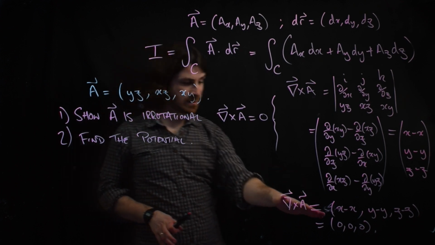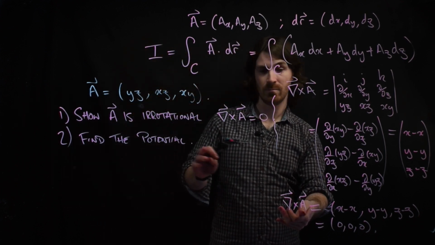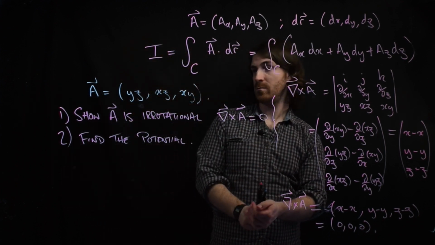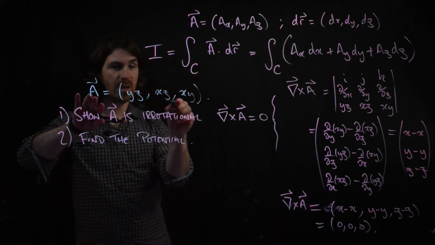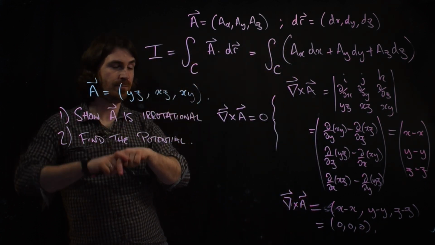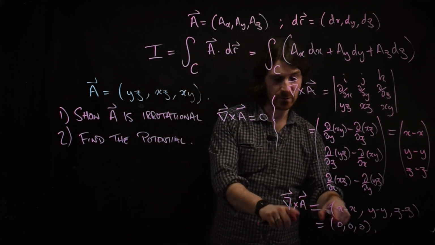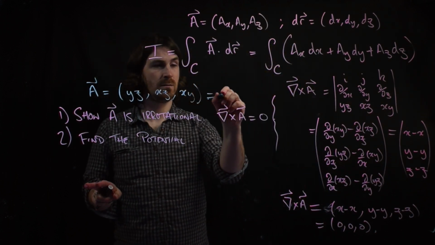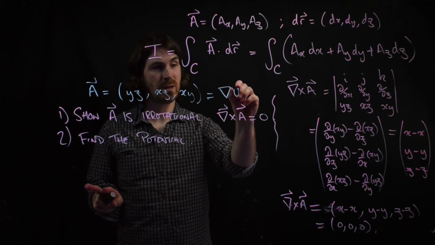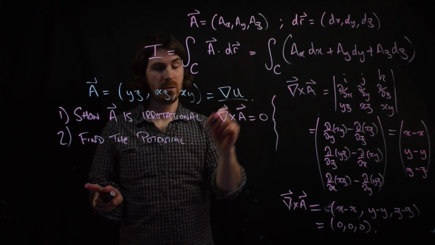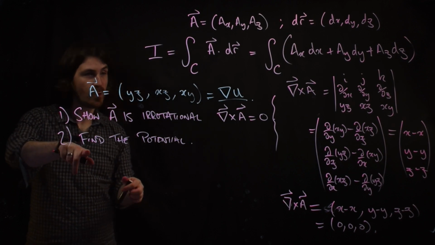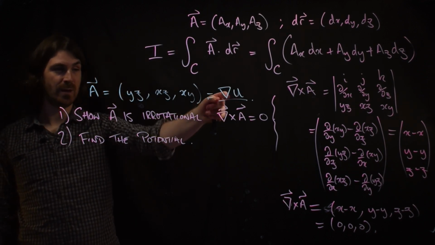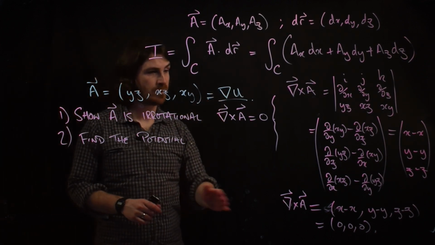So this A is irrotational. And because of that, it means that we can write this A as the gradient of some potential U. And the second question is to find what this U is. Let me rub this off.